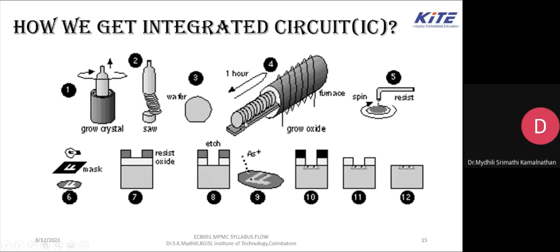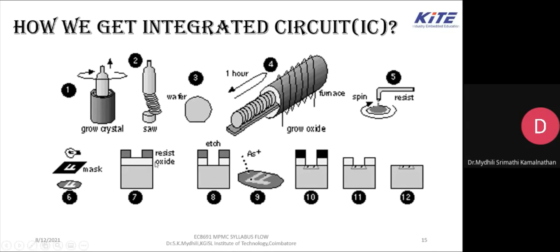That is oxidized in a furnace. That furnace will give you an oxide coating which converts into silicon dioxide. After that, the masking and etching process is done here. So this is the oxidized silicon which has a layer over it, and here the resistive material is coated. It depends on the photoresistive material to be used, because we are going to mask and pass the light through it.